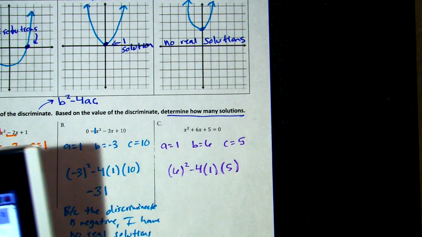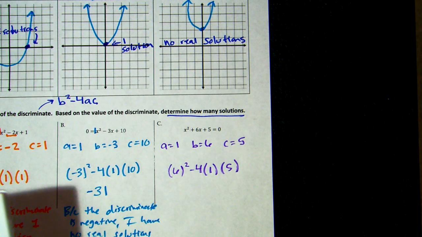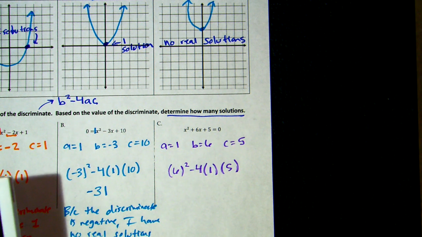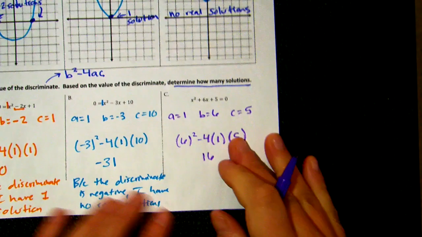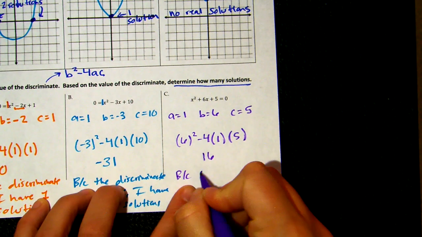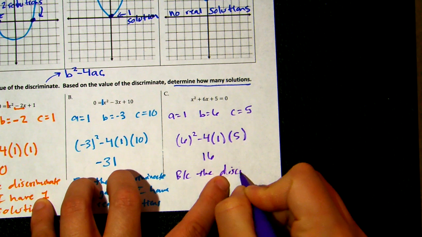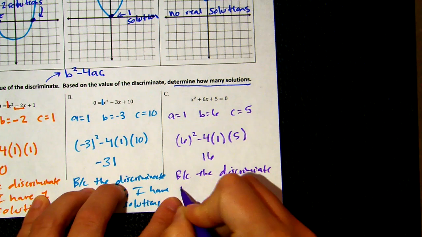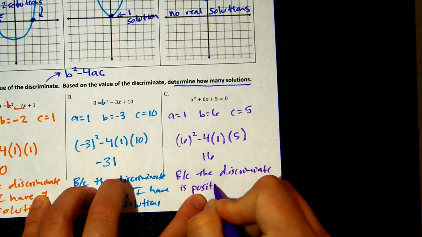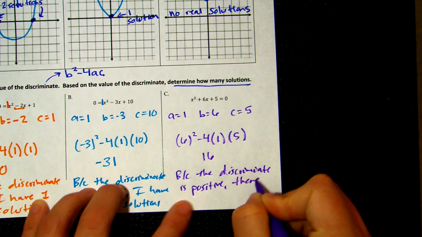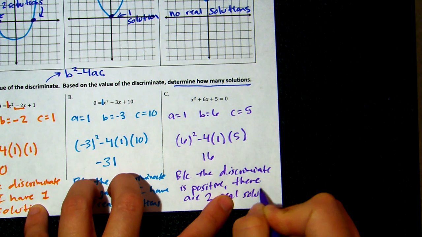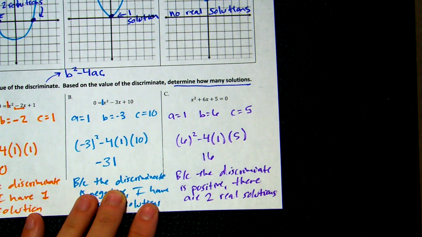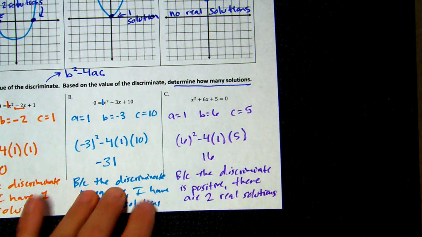Plug that into my calculator, and that gives me positive 16. Because the discriminant is positive, there are two real solutions. Okay, so that's it for the discriminant.